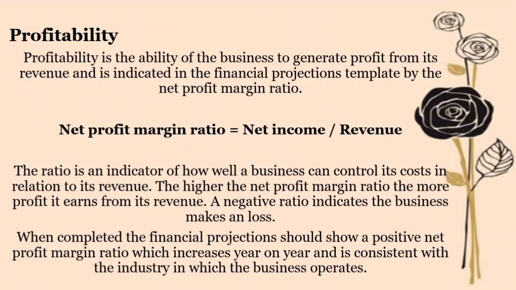The ratio is an indicator of how well a business can control its costs in relation to its revenue. The higher the net profit margin ratio, the more profit it earns from its revenue. A negative ratio indicates the business makes a loss.